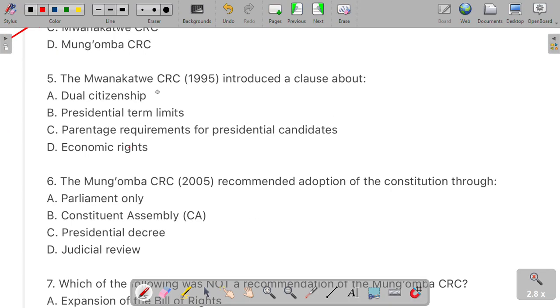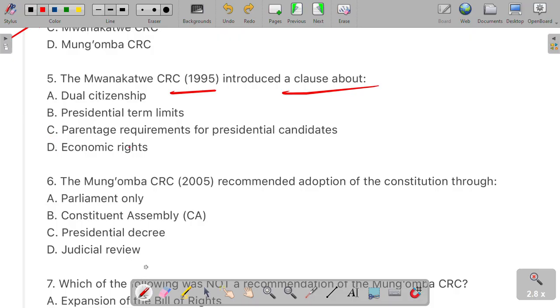Continue. Question 5. The Mwanakatwe CRC of 1995 introduced a clause about what? Is it A, dual citizenship; B, presidential terms; C, parentage requirements for presidential candidates; or D, economic rights?